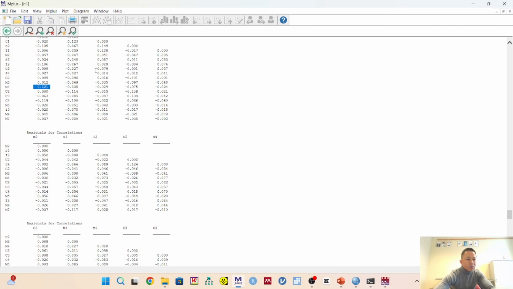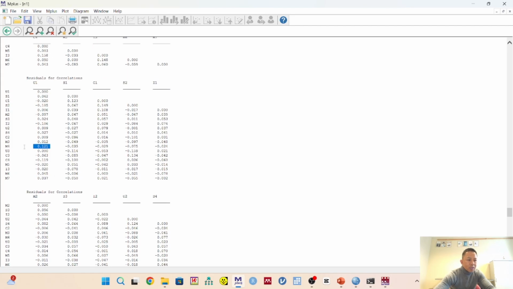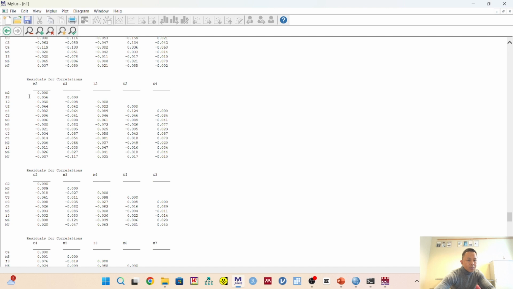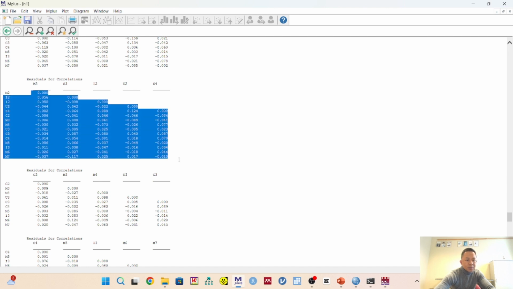It means U1 and M4 we should correlate, but these are different items. That's why we will not use this one. We should use the same pattern. U1 is another factor, M4 is a different factor. That's why we will not count these values. And also for this one, residual correlations are almost all less than 0.1.